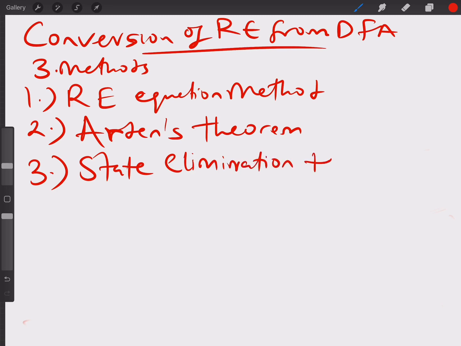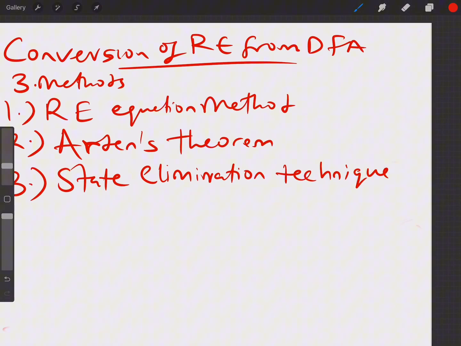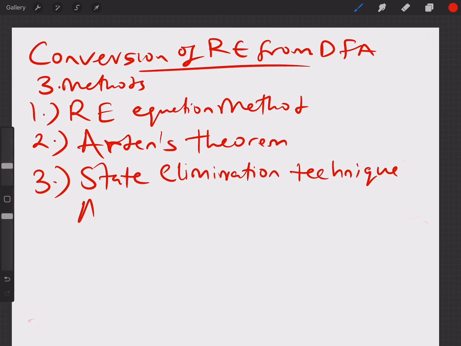Number three, the state elimination technique. Now these are all important and they all work hand in hand to solving a DFA to get your regular expression. One of the most important things to note is Arden's theorem.